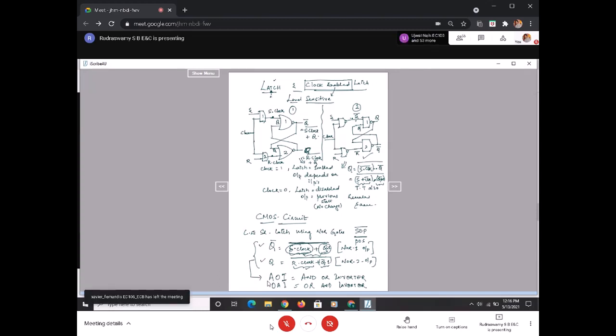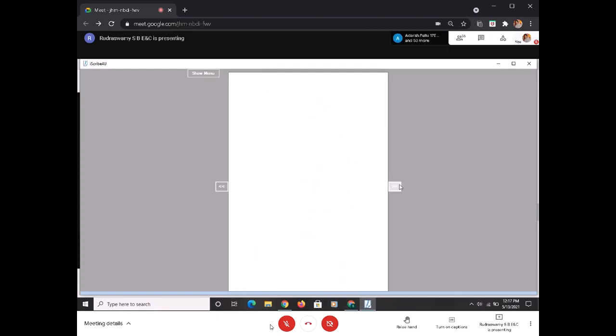So similarly, we can have it for the clock enabled SR latch using NAND gates. Yes, I have Q given by S bar plus clock bar, into Q bar whole bar.